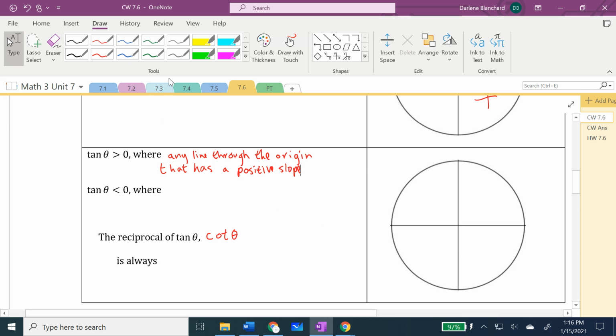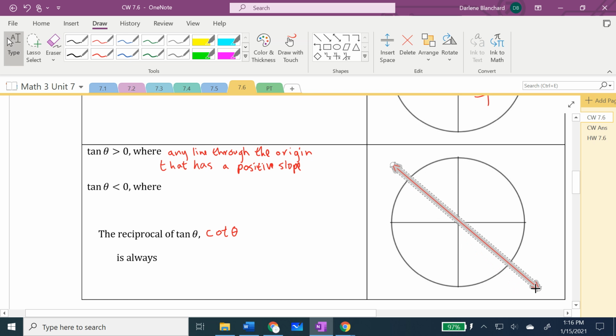And I'm going to draw a line. And even though it doesn't work as well as I would like it to on this document, I just want to show you this is a line through the origin. This heads downhill from left to right. It is a negative slope. I want to be able to just turn this, but I want it to turn where it's anchored at 0, and I'm not sure how to do that in this venue.